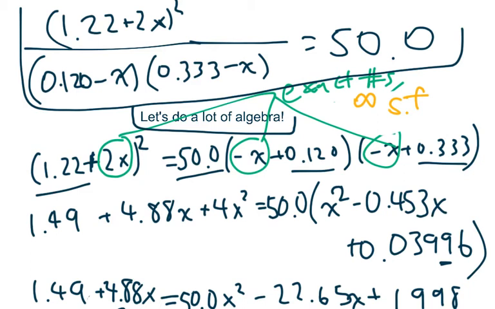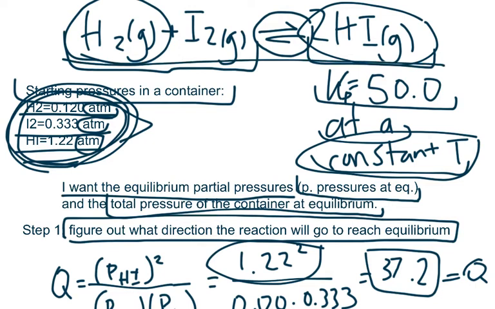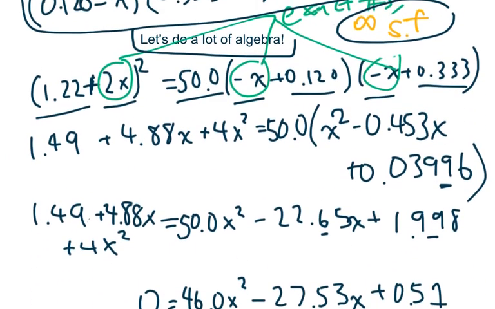Meanwhile, our 2x, negative x, and negative x are exact numbers, meaning that they have an infinite number of sig figs, because according to the reaction, for exactly x moles of H2 or x atmospheres of H2 that is consumed, exactly twice as many moles or atmospheres of HI are produced. So these are exact numbers because this is stoichiometry, and stoichiometry tends to be exact.